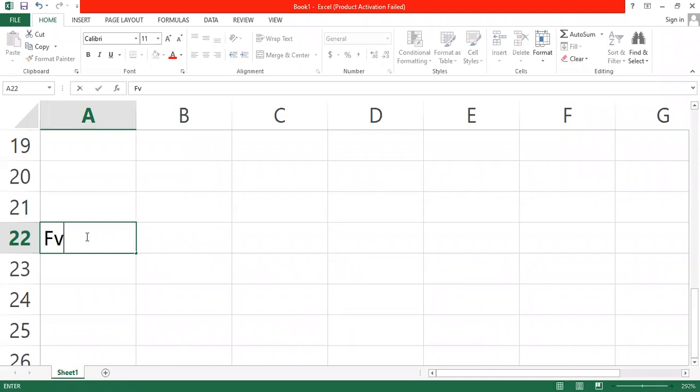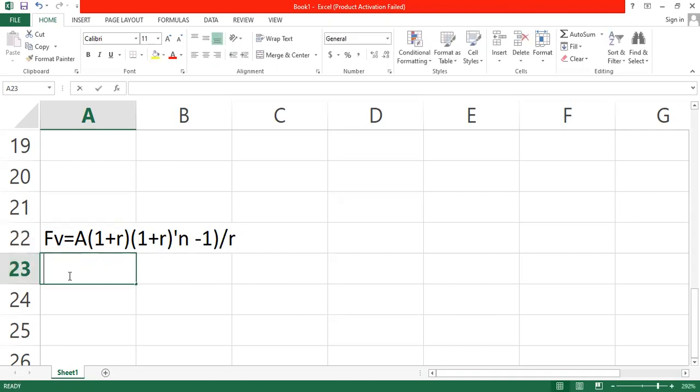Future value is equal to A into bracket 1 plus R, another bracket, 1 plus R, exponent n, minus 1, all divided by R. Are we okay?